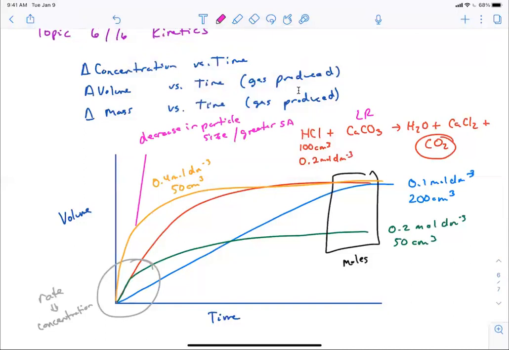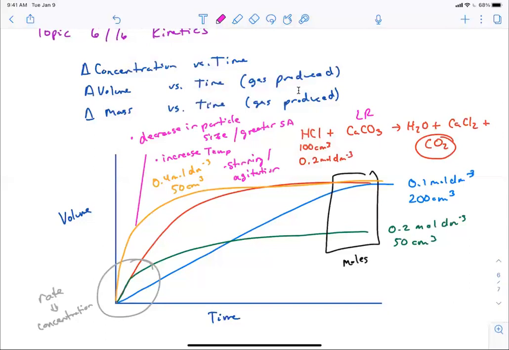Okay. You might increase temperature. Because again, you're going to provide more energy for the particles to react more quickly. You could also be stirring or agitating. Okay.